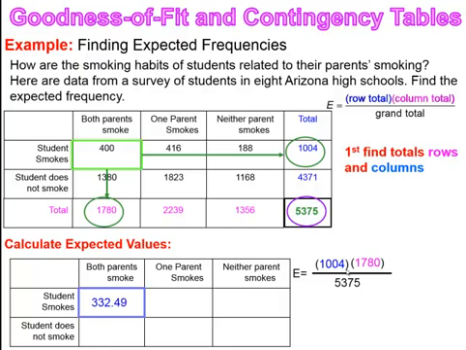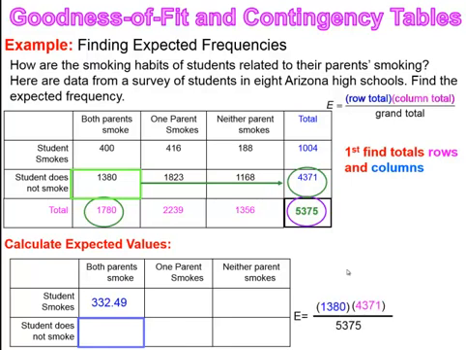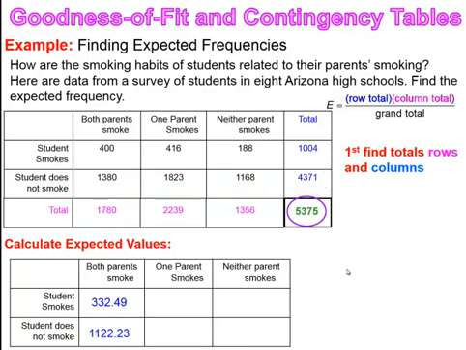And I'm going to do that for each cell. So I go to the next cell, and I need the total for that cell in the observed frequency, and I'm going to take the total row times the total column divided by the grand total, and I'm going to get that expected frequency.